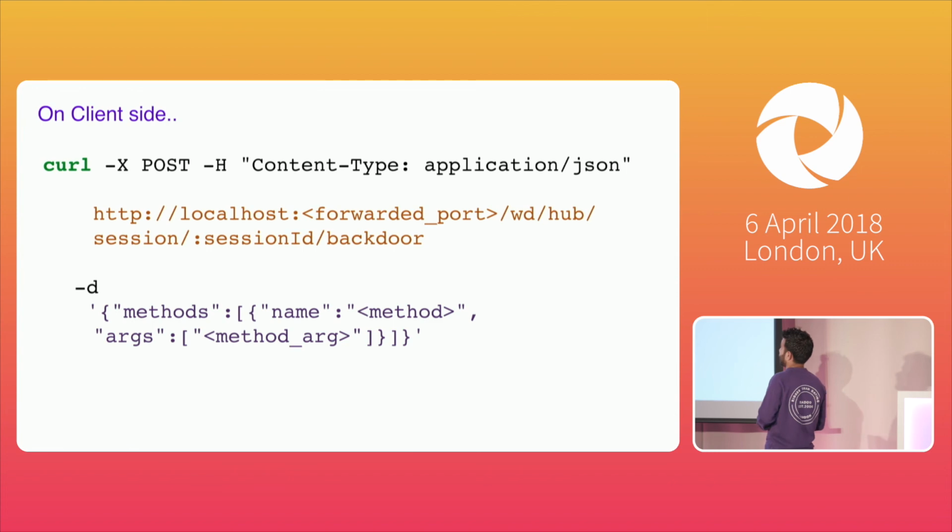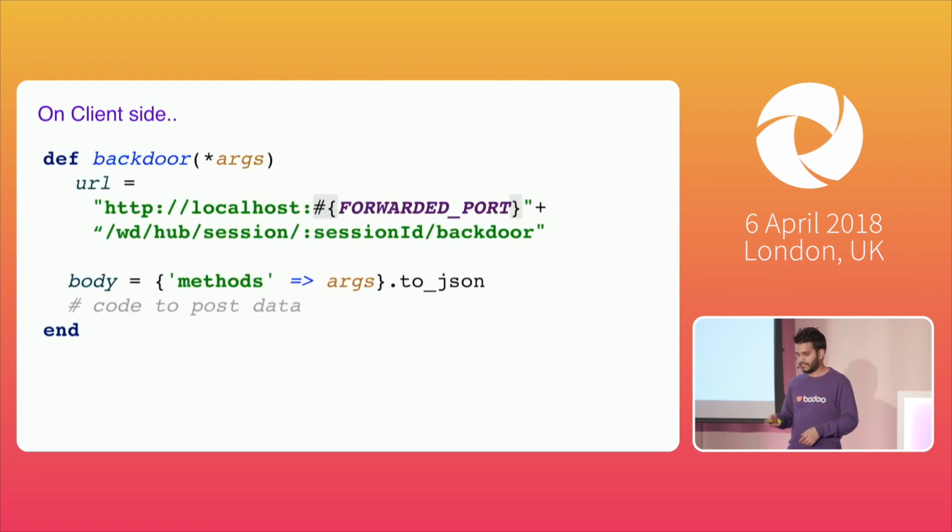And on the client side, we could say on the localhost and the forward port, which is the UiAutomator 2 system port, we post the data, which is the name of the method and the arguments of the method. And we can repeat this any number of times for chained methods. For convenience, we can define a method like backdoor and the URL.